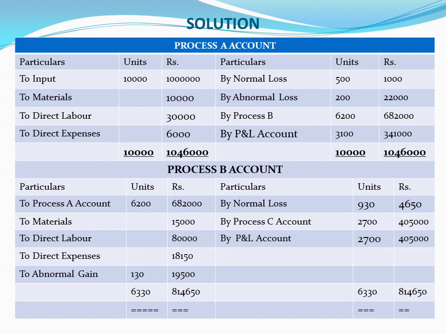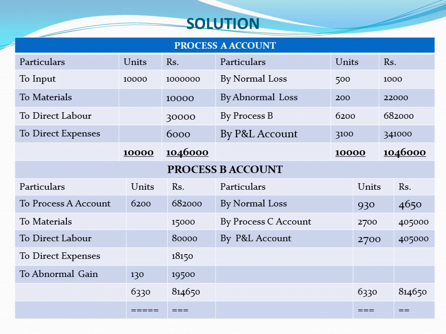So 2,700 is transferred to the C account and 2,700 is sold out, and the rate of process normal loss is 150 here. 930 is multiplied by 150, that is 4,650. Process C 2,700 is multiplied by 150, that is 4,05,000, and similarly 2,700 multiplied by 150 is 4,05,000.